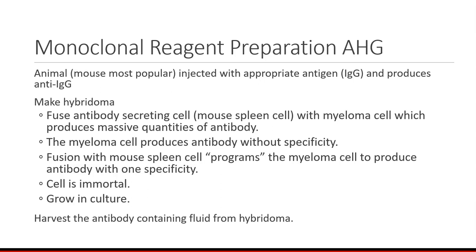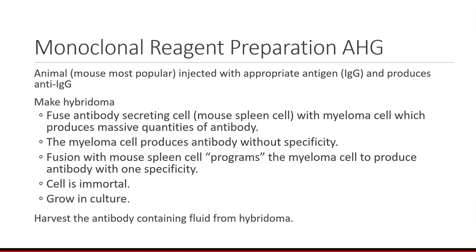To make the hybridoma, they fuse the antibody-secreting cells, which are mouse spleen cells, with a myeloma cell, which produces massive quantities of antibodies. The myeloma cell produces antibodies without specificity. By fusing the mouse spleen cell to the myeloma cell, we are programming the cell to produce an antibody with one specificity. And the cell is immortal.